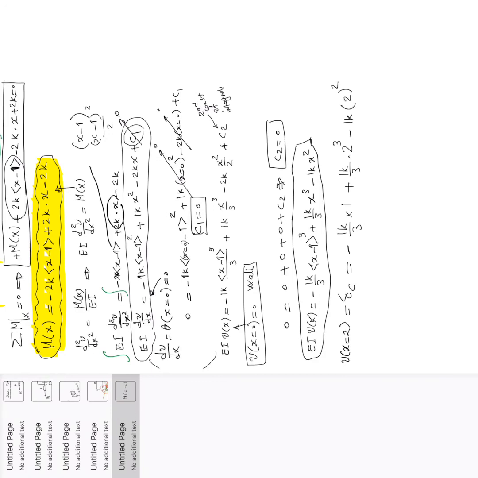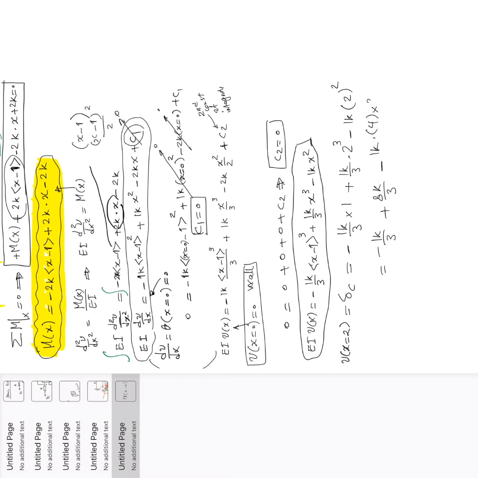If you do this algebra, you get negative 1k over 3 plus 8k over 3 minus 1k times 4.